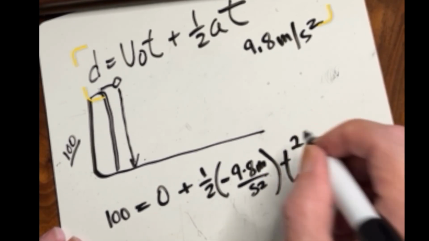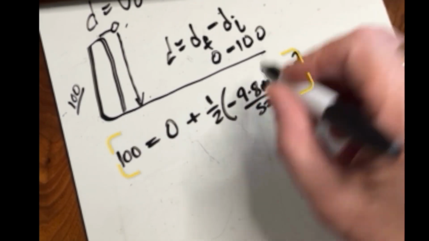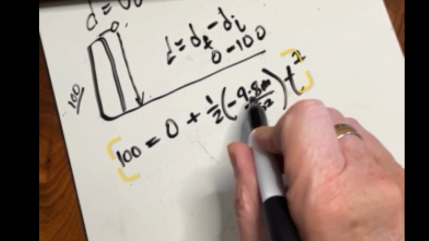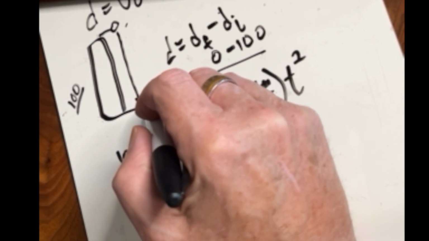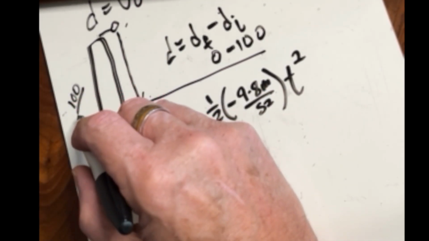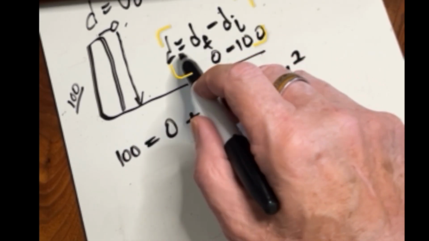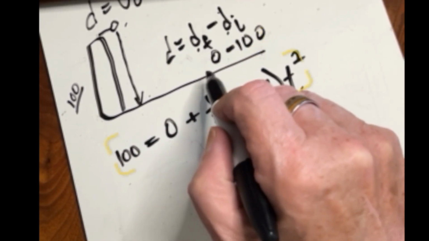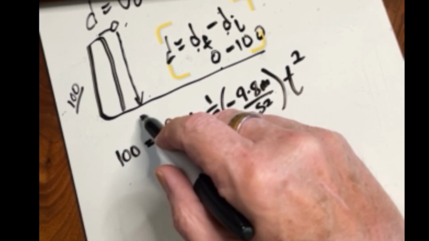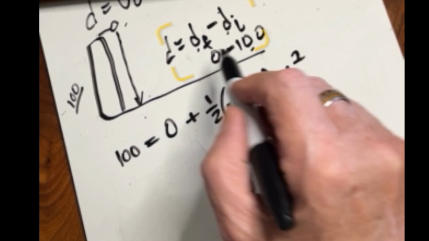times t squared. Now, let's go ahead and solve for t. Now, for the same reason that this is a negative 9.8 meters per second squared, because we're moving in this direction, notice that our distance is also going in that direction. So, for example, distance equals the position final minus the position initial. Our position final is 0 on the ground, and our position initial is 100 meters.